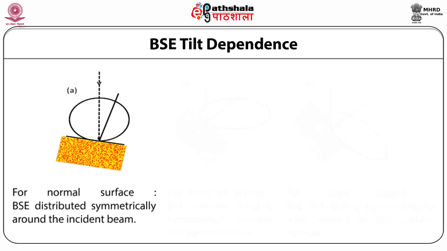At very high angles, this corresponds to grazing incidence, and the value of eta b tends to unity. When the surface is normal to the incident beam, the backscattered electrons are distributed symmetrically around the incident beam in a manner described approximately by the cosine function, which is n psi equals n zero cos psi.